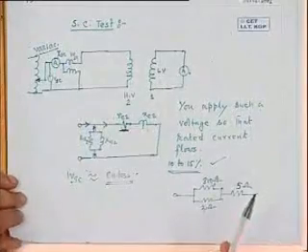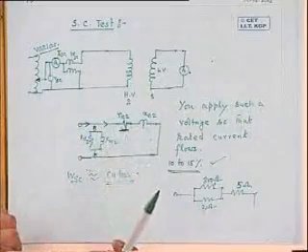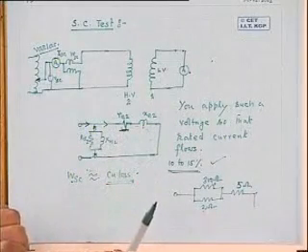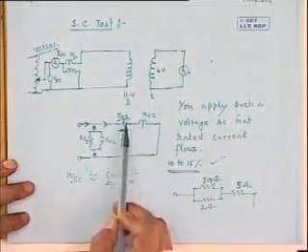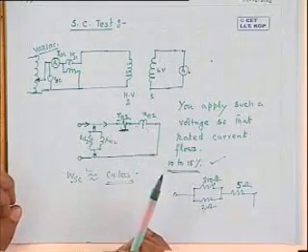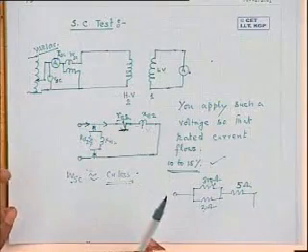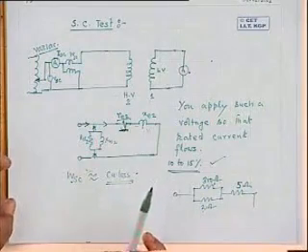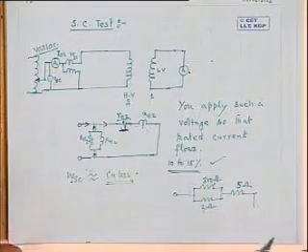So from these two tests, the equivalent circuit parameters can be found out. Although obviously you can see that you cannot separate out the parameters. That is, when I say you get RE2, I really do not know how much is R1, how much is R2 separately. Similarly, when you calculate XE1, you do not know how much of it is XL1 and how much of it is XL2 reflected. Are you getting? Those separations cannot be done.